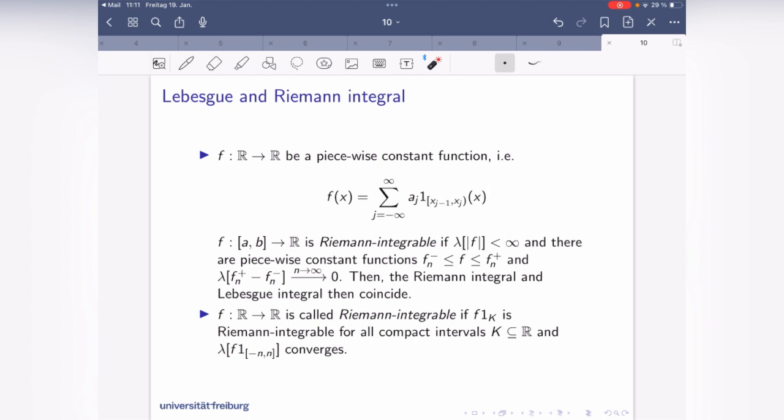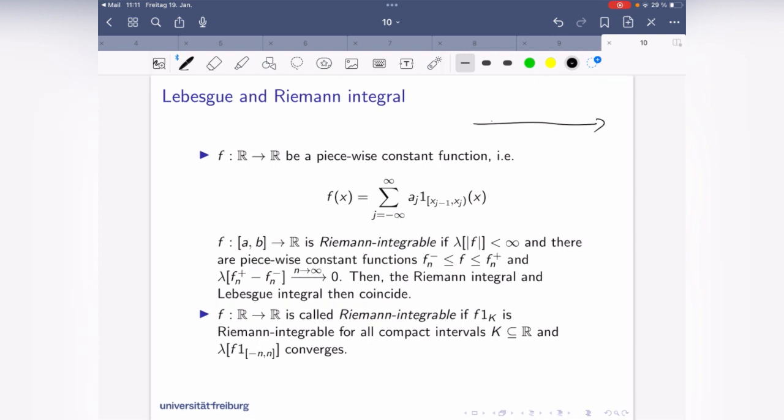Okay, let's now come to the connection of the integral we just defined to the so-called Riemann integral, which you might know from your basic calculus course. The Riemann integral is almost the same on paper. The only difference is that you usually have just a line.